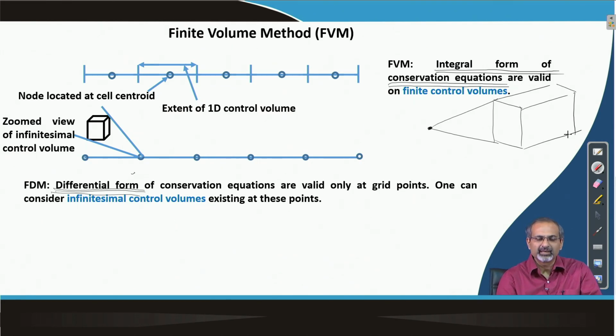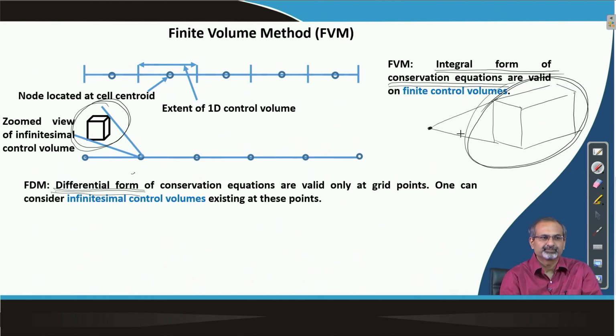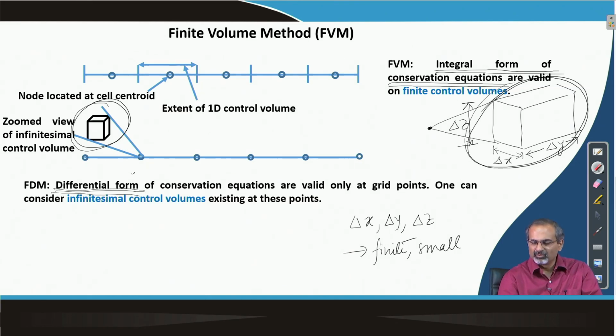This is the difference between a control volume of infinitesimal size and a control volume used in a finite volume technique. So, this can have dimensions delta x, delta y, delta z, and these dimensions are not infinitesimal. They are finite, but of course, they are small as well. We tend to keep them small for the sake of better accuracy.